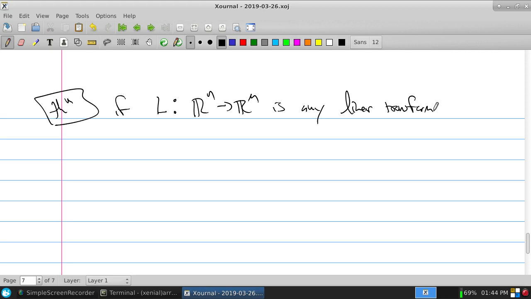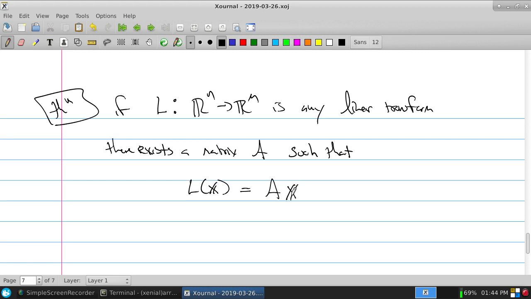Given any linear transform, there exists a matrix A such that the linear transform is the same thing as the matrix multiply.